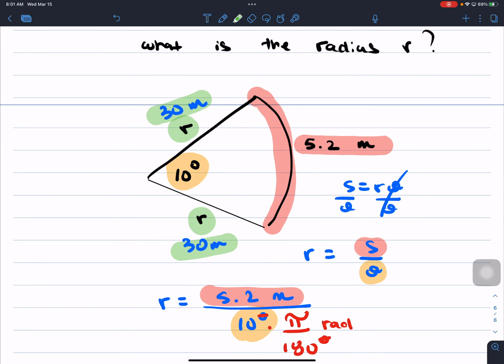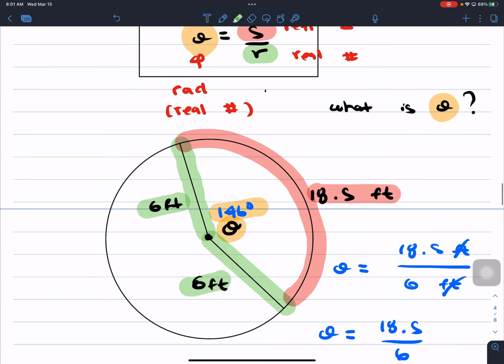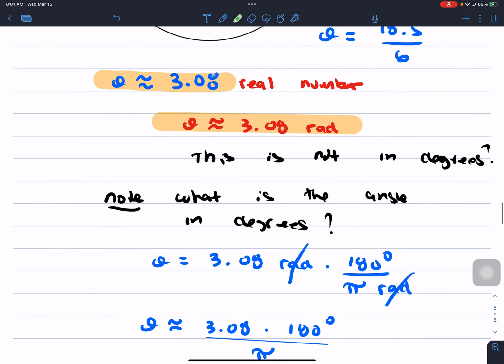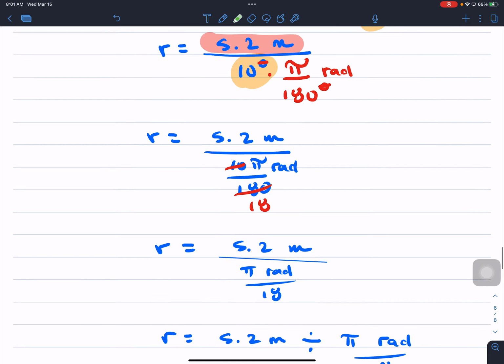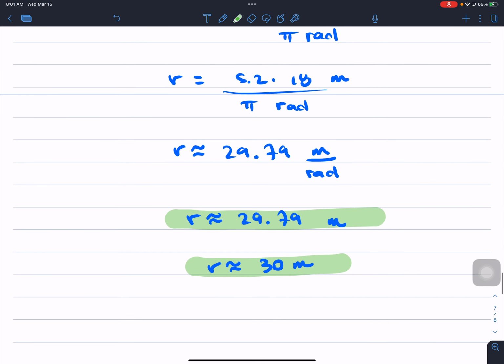But not everything's whole numbers. I do like the arc length in decimals because it's more realistic. But anyway, ladies and gentlemen, what do you guys think? This is where there's a little bit of algebra and arithmetic, okay?